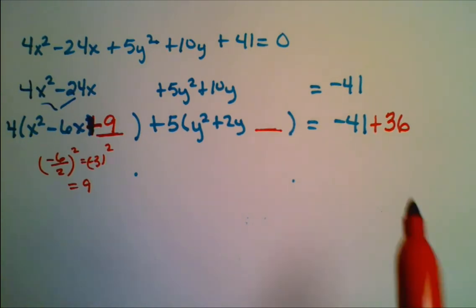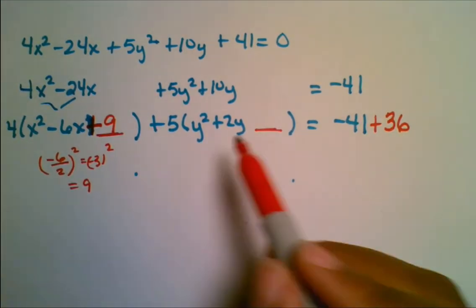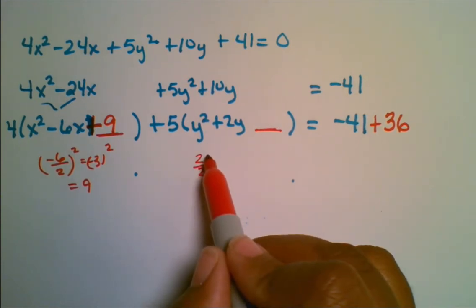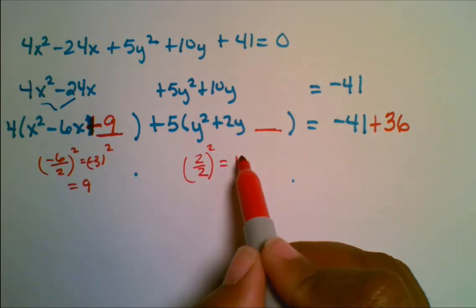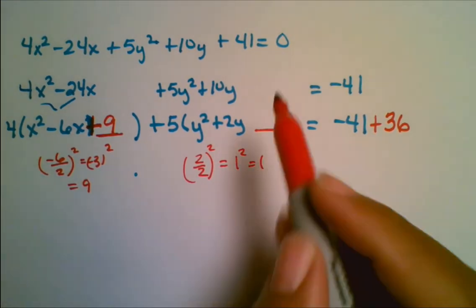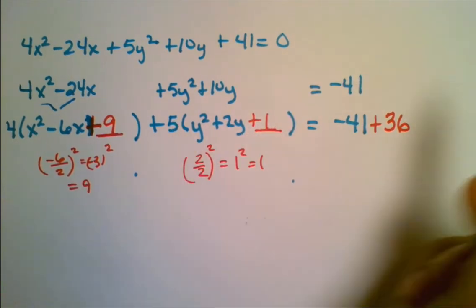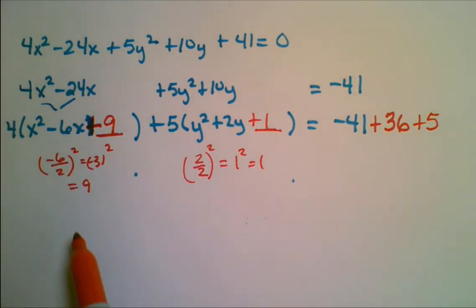Okay. Then let's do the same thing to this 2. Take half of 2y, or 2, the coefficient, squared. We have 1 squared, which is 1. We're going to add 1 to both sides, and then times that 1 by 5, and we have plus 5.